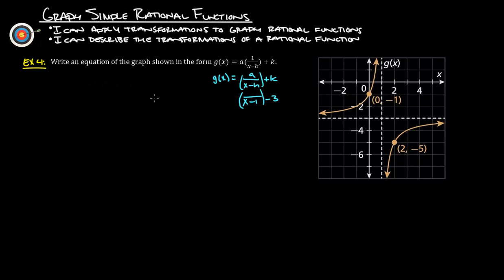Another way to look at that is, x can never equal 1. So if we want to solve this, we subtract 1 from both sides and we get x minus 1 equals 0. We know the denominator can never equal 0, so that's why this x minus 1 goes right there.